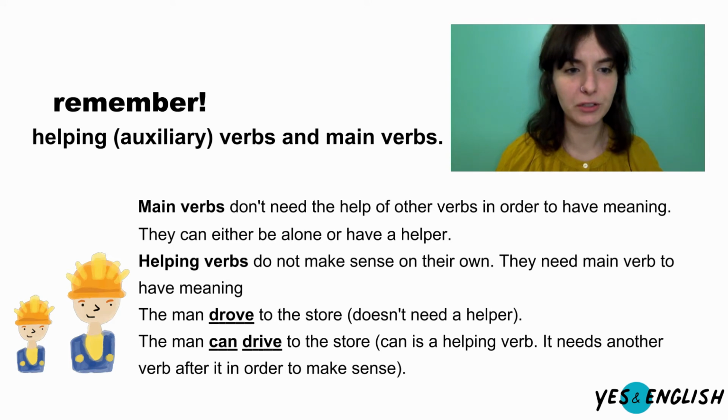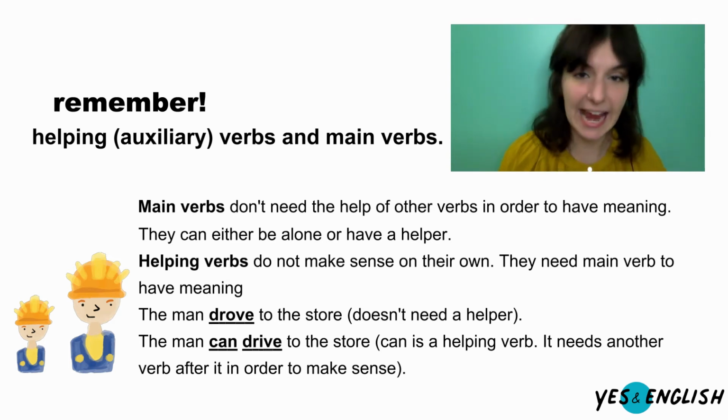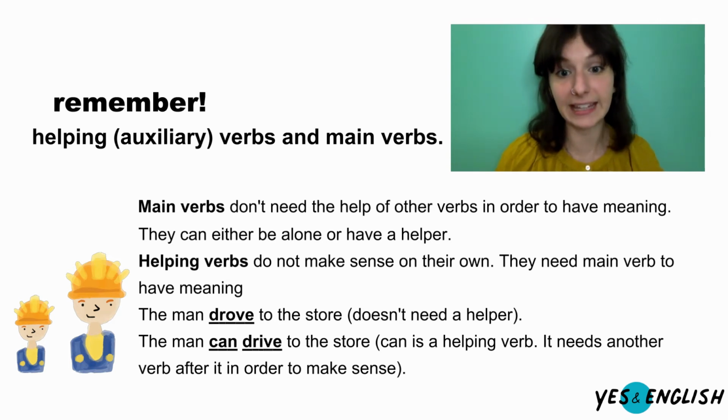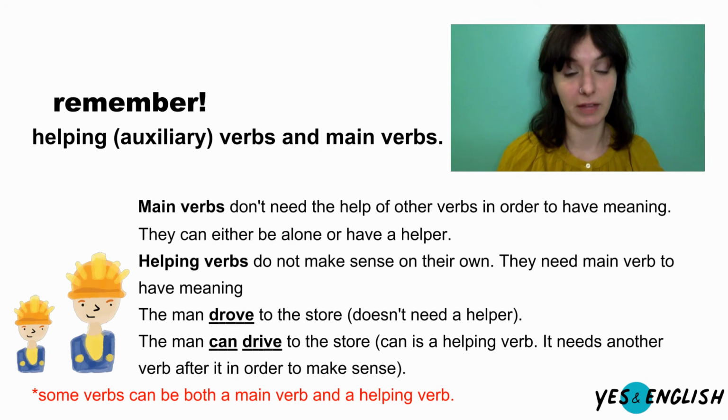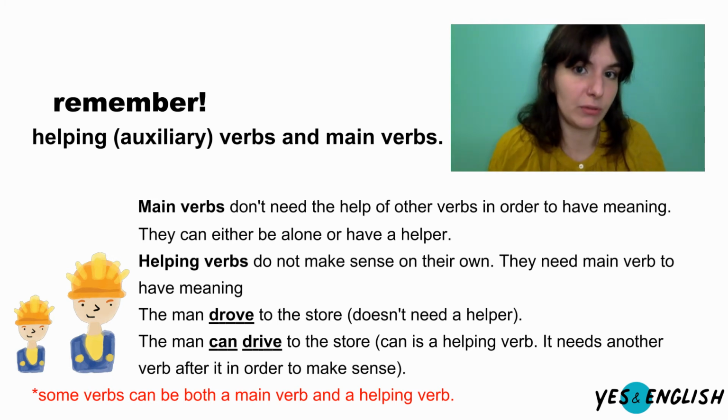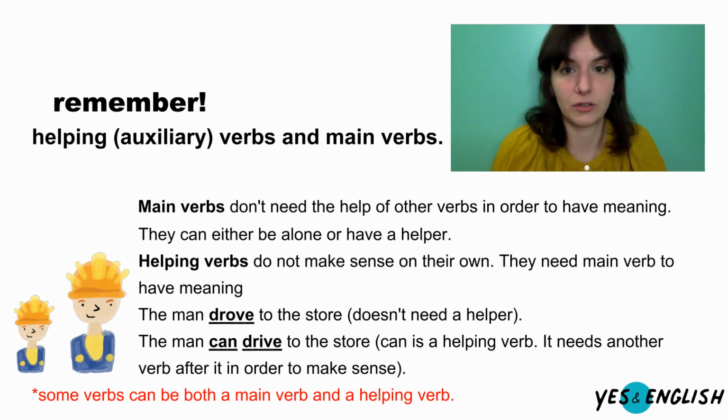Helping verbs are usually words, they can be the verb to be, right? They can be both main verbs and helping verbs, like to be, do, did. That could be the verb to do, or it could also be a helping verb in a negative construction.